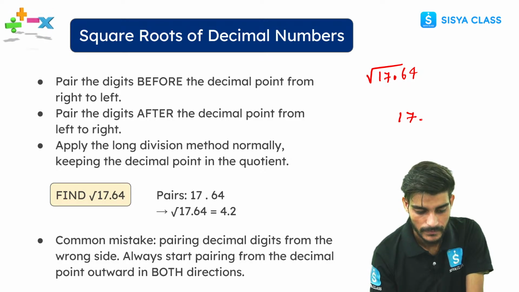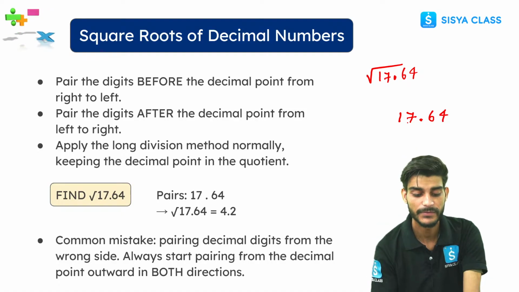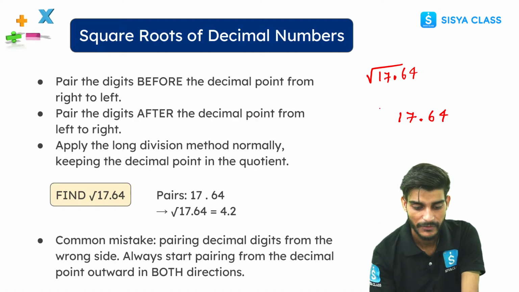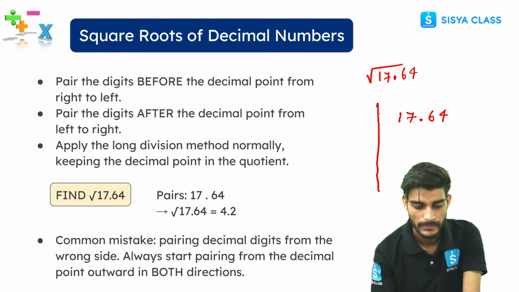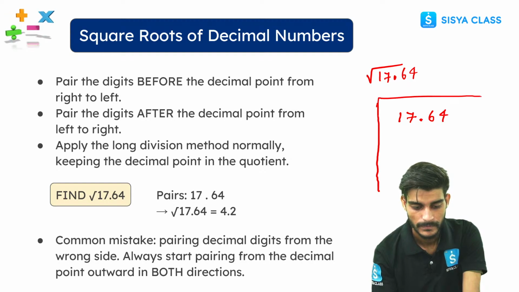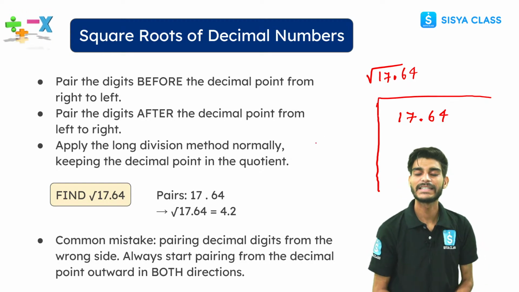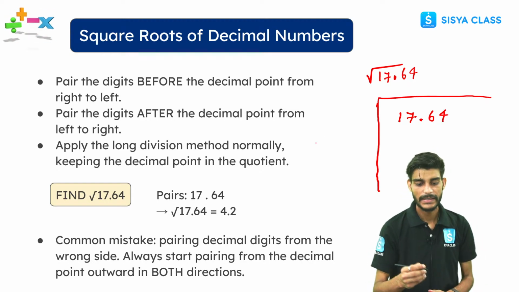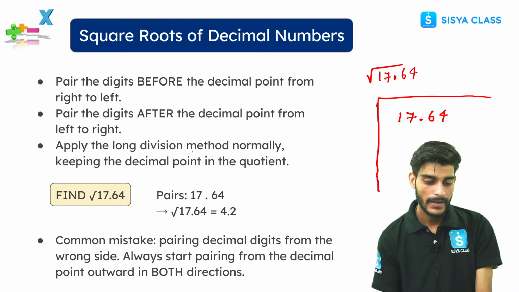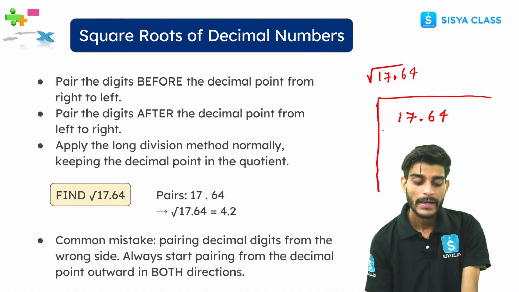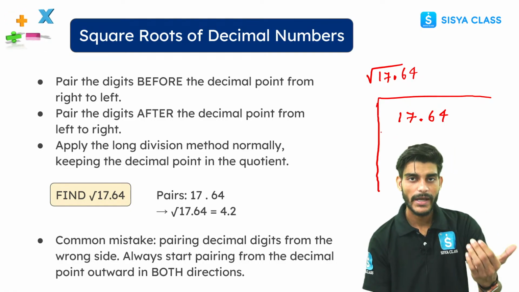Write it down, 13.64. Same thing, long division method. You can use the estimation value also here, but we'll see that later on. Firstly, see how we can find the square roots of decimal numbers using the long division method.